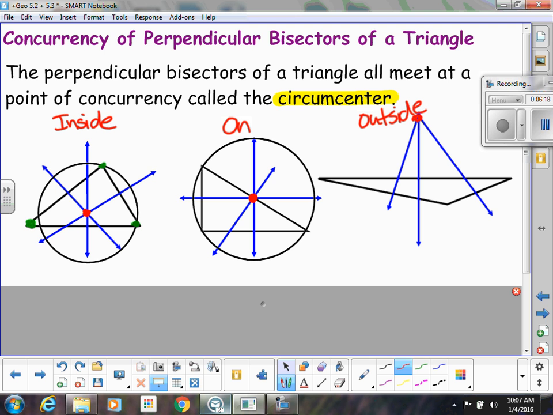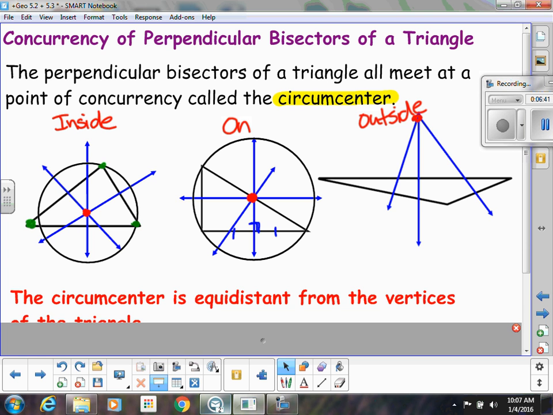The circumcenter is the center of that circle that is circumscribed around the triangle. So that is created when we have perpendicular bisectors. Remember, these blue lines are all perpendicular bisectors, so they are perpendicular and they bisect each of the sides they intersect. So that's our perpendicular bisectors' point of concurrency.